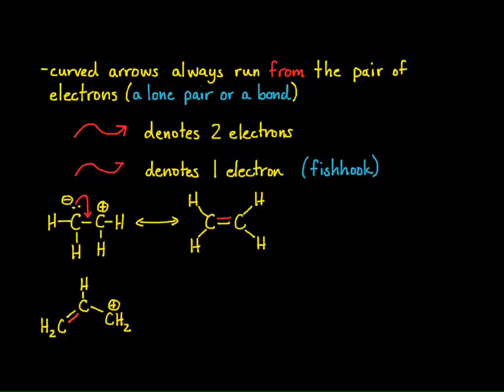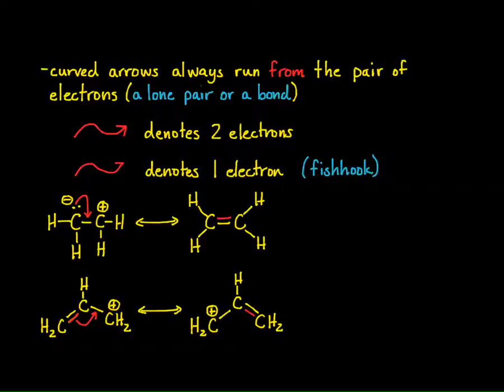So I can move a pair of electrons, so I'm using that double barbed arrow, and the result is that I now have a bond between the central carbon and the carbon on the right, and now I only have one bond between the central carbon and the carbon on the left, and it now has a positive charge.